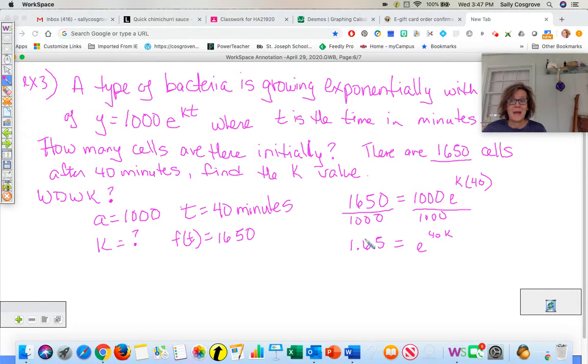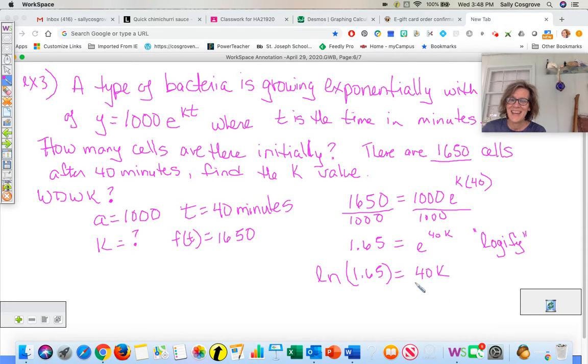Okay, now we're at the wall. We can't go any further because our variable's in our exponent. So what we can do now is we can rearrange. Now we can logify the situation because e is isolated. So we're going to say the natural log of the exponential value, 1.65, equals the exponent, 40k.